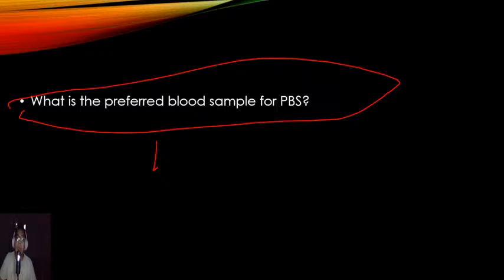All right, Aljoy. EDTA po. EDTA. Okay. Very good. Wonderful. The correct answer that I'm looking for is EDTA. EDTA samples. All right. Why? Capillary blood can be subject to morphological issues.